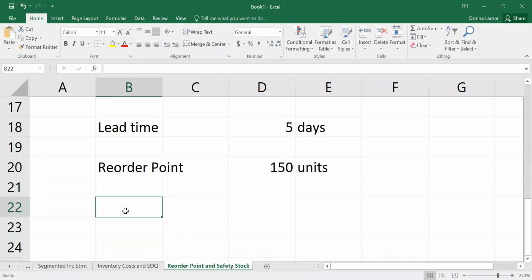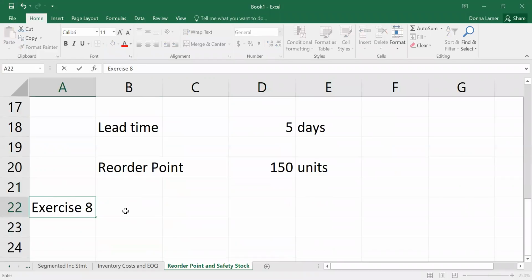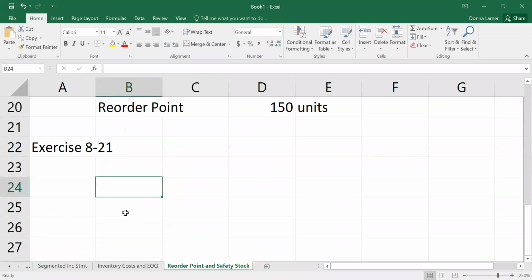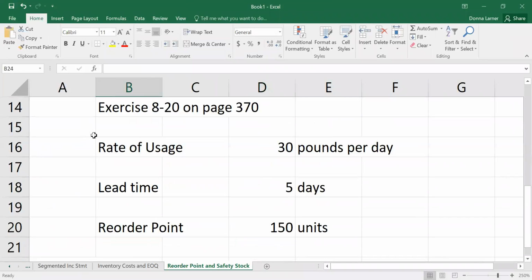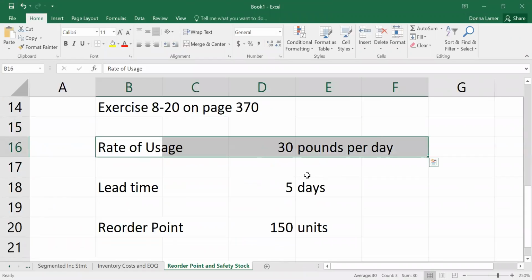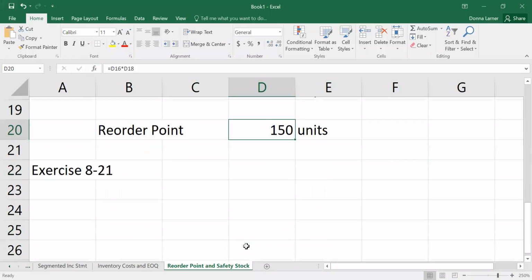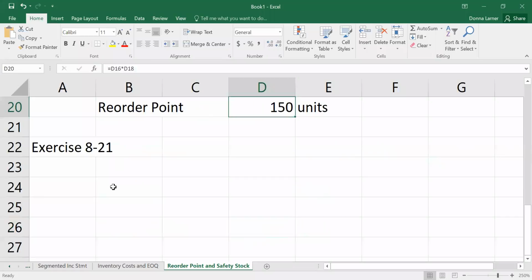And then if you go to exercise 21, that says, what about safety stock? Safety stock comes into play when there's a difference. Here they were just sure that the rate of usage was 30 pounds a day. If they're very, very comfortable with that, they can wait till their inventory gets to 150 units. But if there's a chance that could vary, you need to have some safety stock.